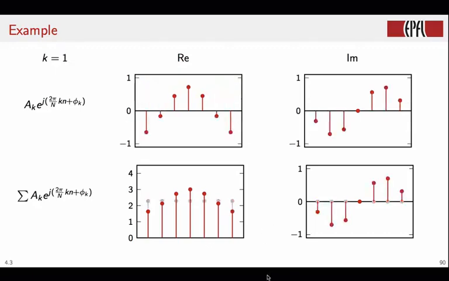For k equal to 1, we have now a sinusoid that will have a certain initial phase and a certain amplitude. And we can see that as we add this to the previous constant, here in gray you see the previous sum, and here the updated sum for k equal to 1, the real part of the signal starts to look a little bit like a triangle. We also have a significant non-negligible imaginary part which will have to disappear in the end because remember we started from a real signal.